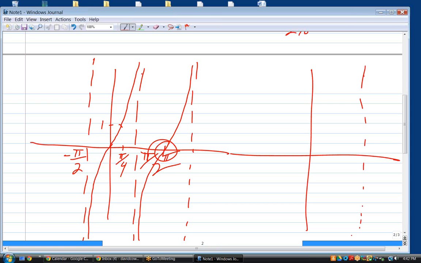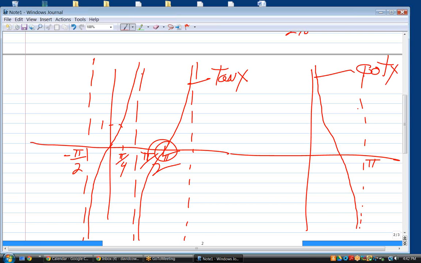Cotangent also has vertical asymptotes every pi, and it essentially looks very similar to the negative tangent curve. In other words, this is the tangent over here. This is the cotangent. One is almost the negative of the other, except it's in a different place on the x-axis. Notice the tangent curve straddles the y-axis. The cotangent curve does not. Cotangent curve borders the y-axis.